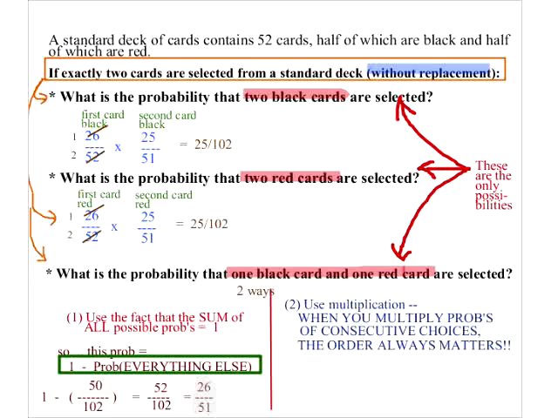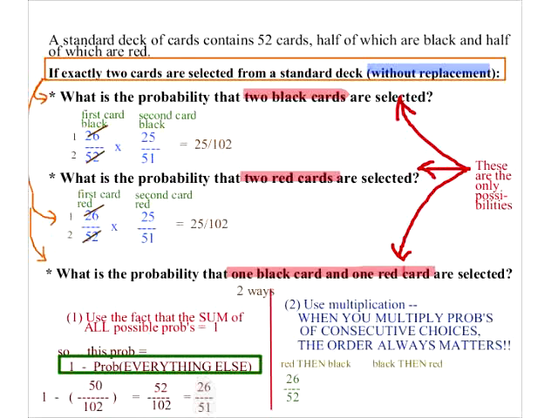On the other hand, the issue is that this can happen in 2 ways. It can happen as red, then black, or it can happen as black, then red. And so you need to calculate these probabilities separately. So the probability of getting red, then black: red, you've got 26 out of 52.